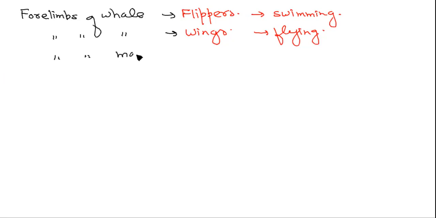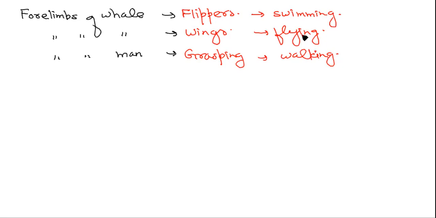And forelimbs of man, beta, you can easily access for performing various functions, such as grasping, picking up things, walking, jumping. So the functions of forelimbs in all these are entirely different, and even externally these are different in their appearance.